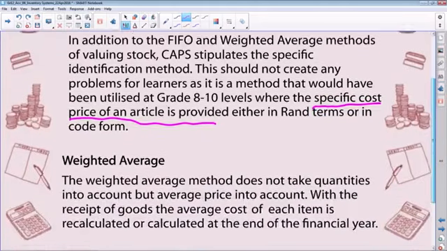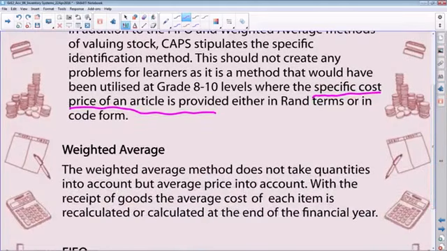Right. When it comes to weighted average, the weighted average method does not take only quantities into account, but the average price is taken into account.